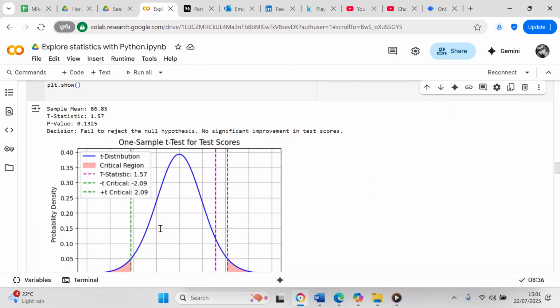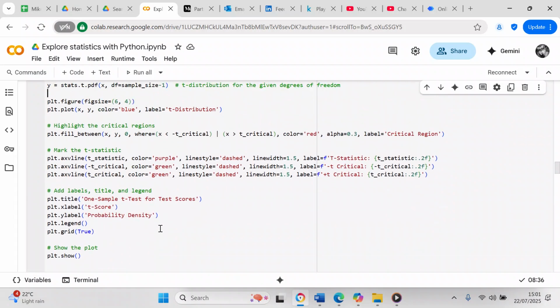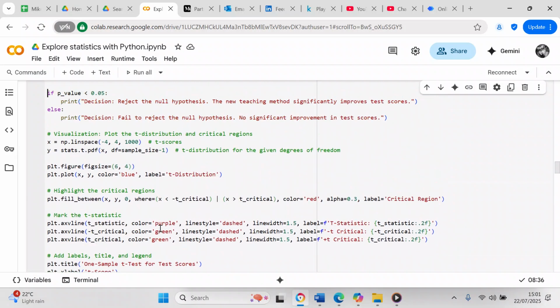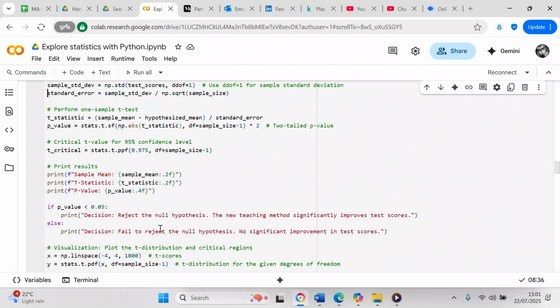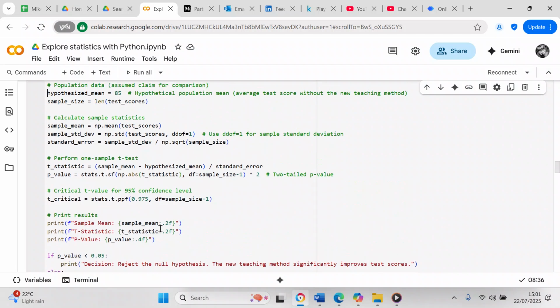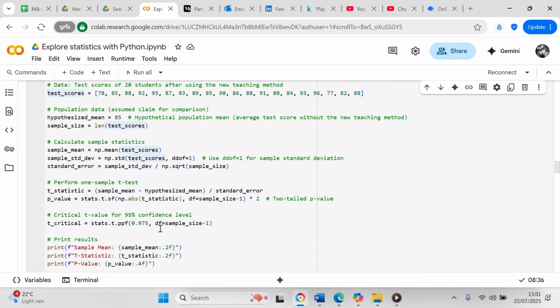0.05, so that means you fail to reject the null hypothesis, as there is no significant improvement in test scores. The sample mean is 86.85, and the hypothesized mean is 85.